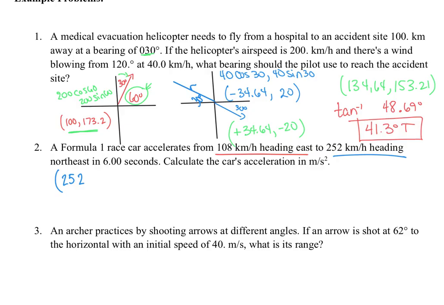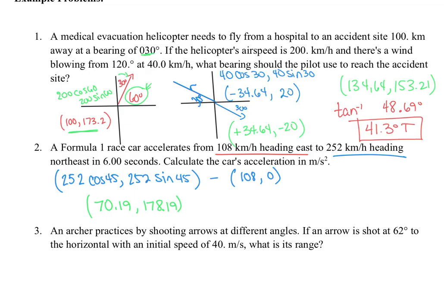That's a 45-degree angle. We're going to subtract where I started, which was just 108 east. So X movement, no Y movement there. When you subtract starting from ending, you get that.